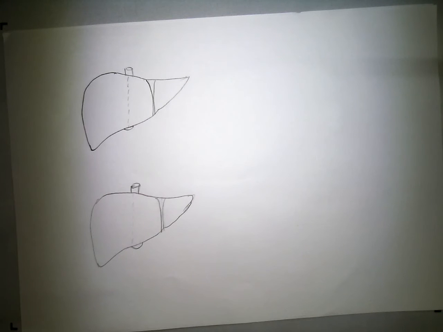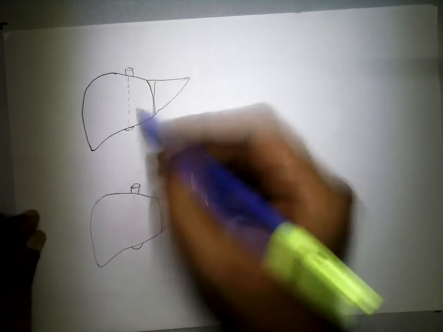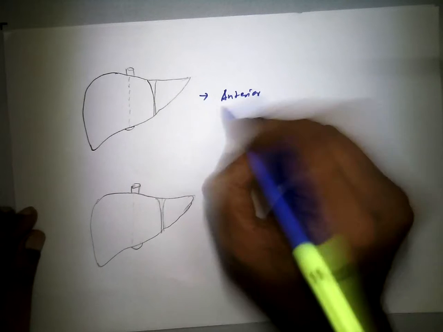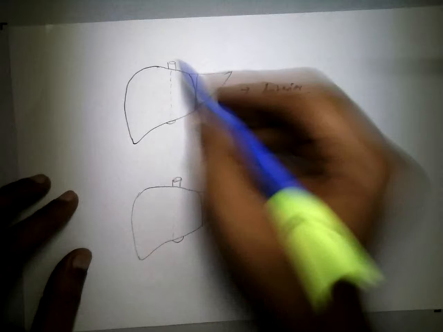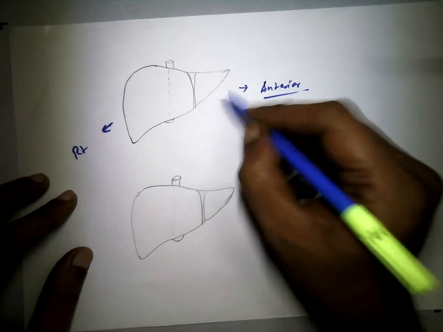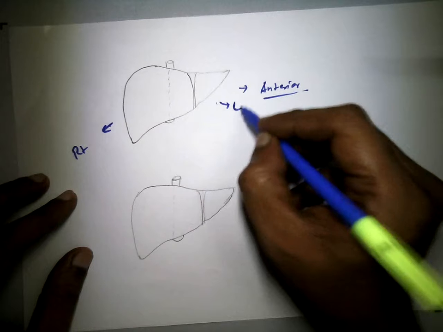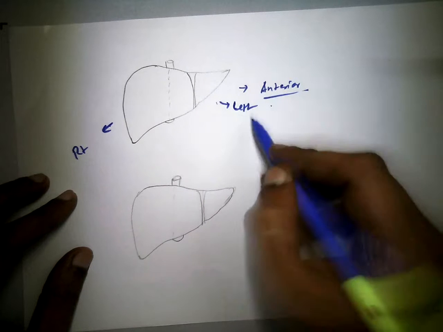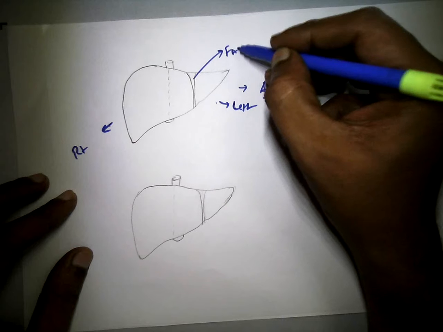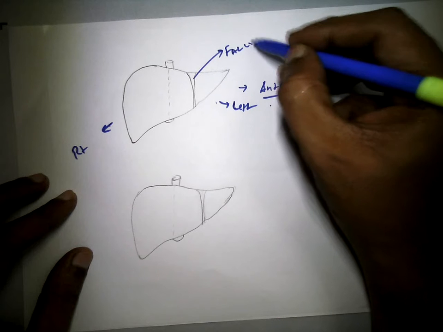To understand that, we need to go through some imaginary lines made on the surface of the liver. See, this is the anterior surface. Of course this is the right lobe and here is the left lobe. This right and left lobe division is based on the falciform ligament.